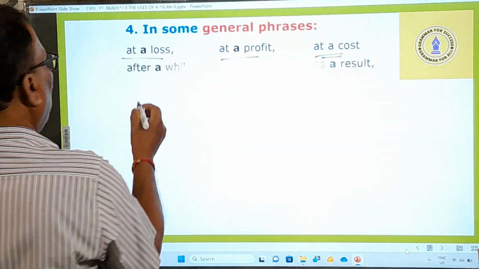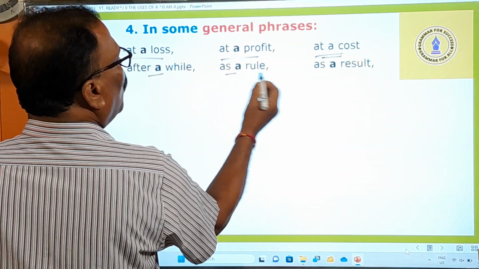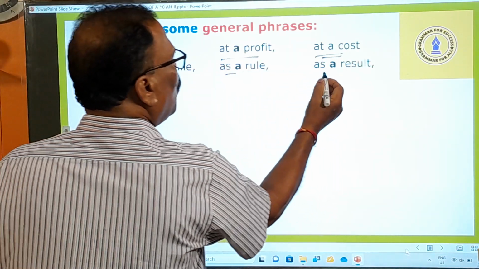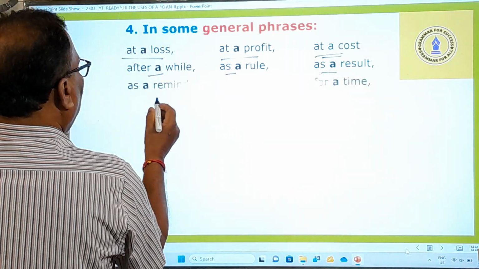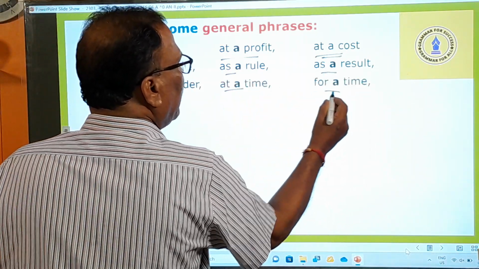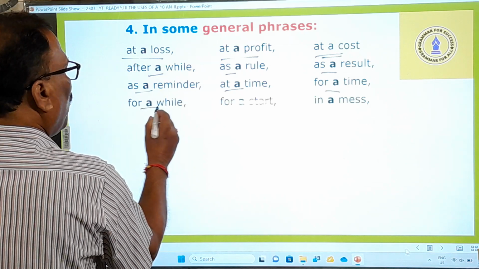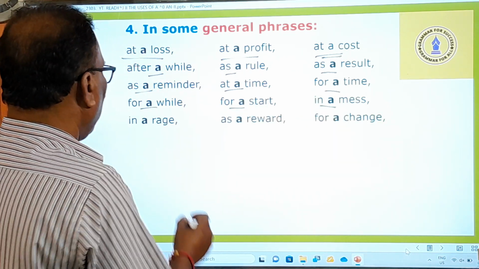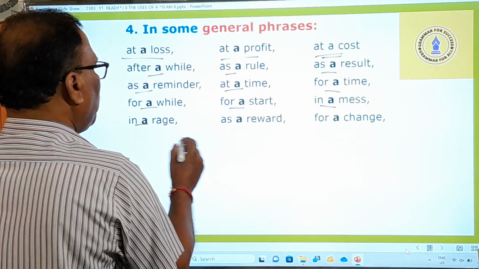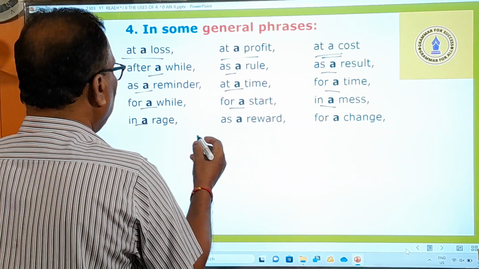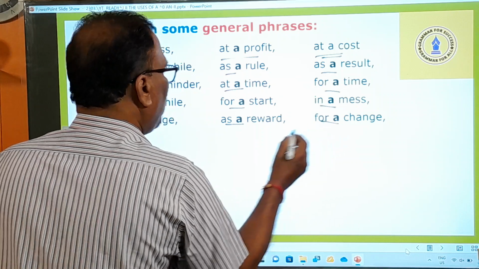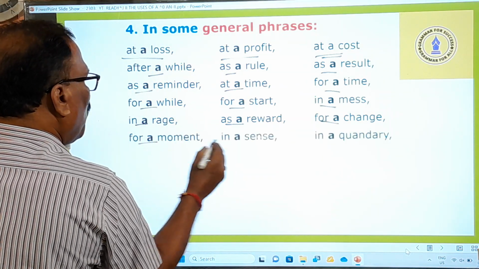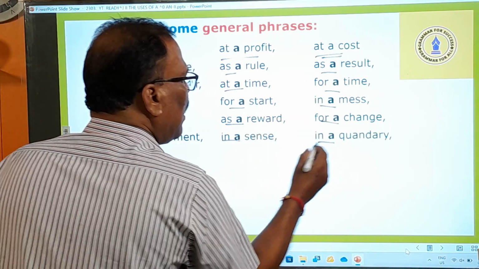First you see the words: after a while, as a rule, as a result, as a reminder, at a time, for a time, for a while, for a start, in a mess. I was in a mess. In a rage means in a serious mood. As a reward, for a change, in a moment, in a sense, in a quandary.